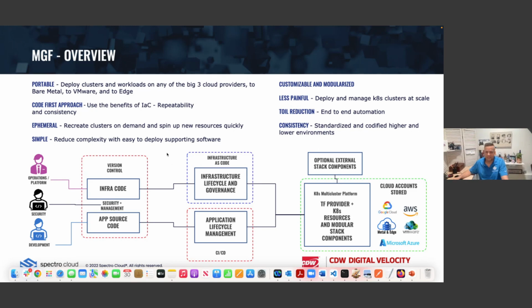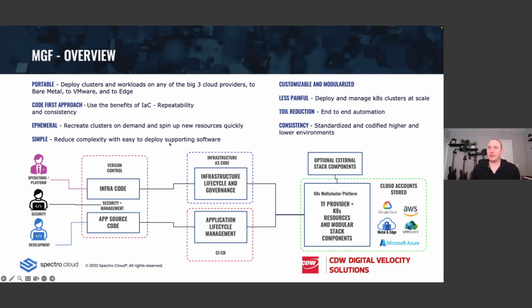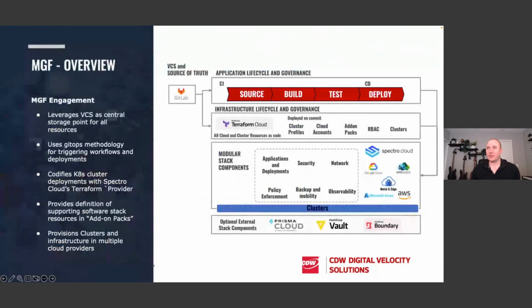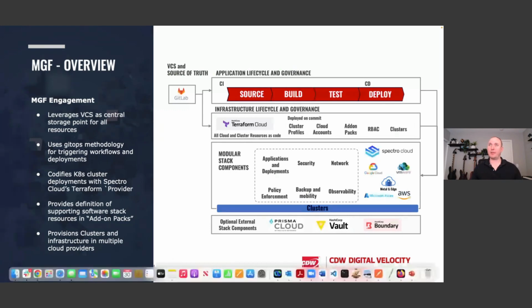Yeah, absolutely. If you go to the next one, we can talk through a little bit more of the details here. So in the demo today, and some of what you're going to see, we're going to use GitLab, we're going to use Terraform Cloud. A lot of this is inherently enabled inside of Palette, being able to have things like cluster profiles and cloud accounts and add-on packs that we can define all in code in Terraform, so that we can provision clusters declaratively in those environments that we've defined.